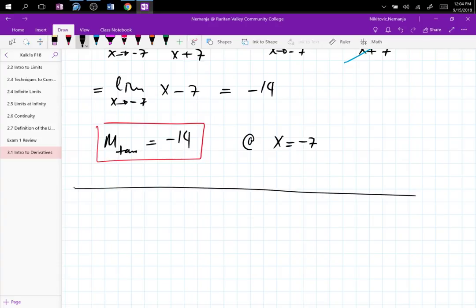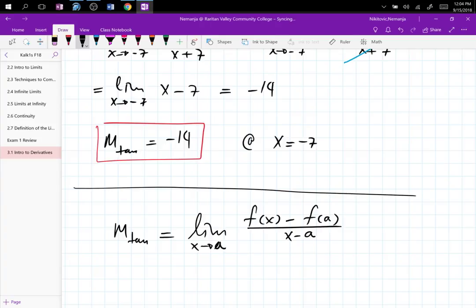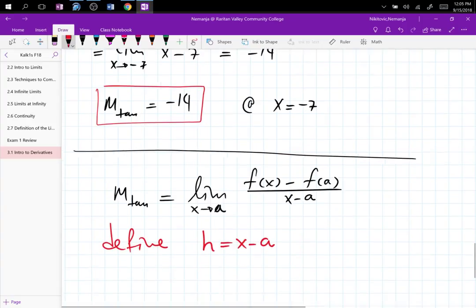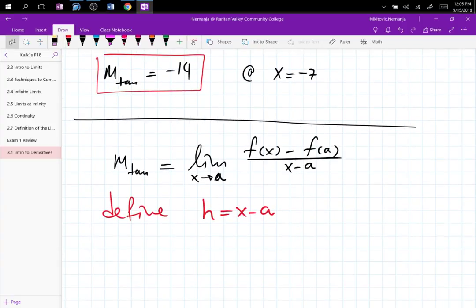So now we do some mathematical gymnastics. We have our m tangent defined as the limit x goes to a of f of x minus f of a over x minus a. I'm going to define h as x minus a. And let's see where that takes me.